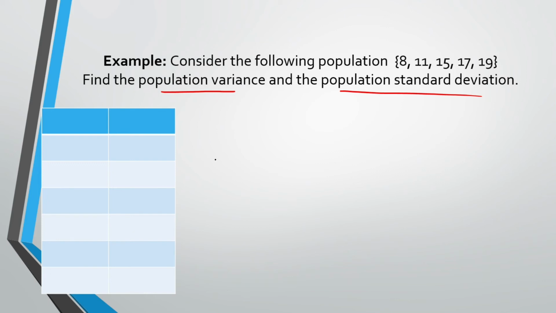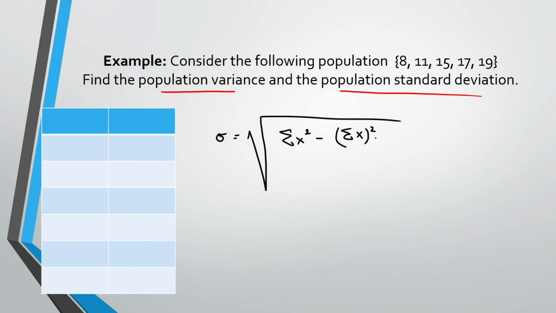The formula that I'm going to use is sigma equals the square root of the summation of x squared minus the summation of x quantity squared divided by big N, and the whole thing is divided by big N again. Now remember, this is for the population, so we use big N instead of small n. But the process is very similar to before.